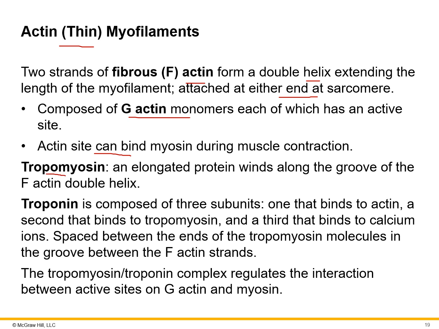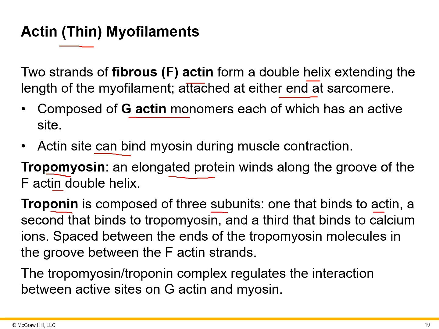There's also tropomyosin. This is the elongated protein that winds along the grooves of the F-actin double helix. So we have, again, the double helix wrapped around each other, but then a little elongated region called the tropomyosin. And then the troponin is made up of three subunits.